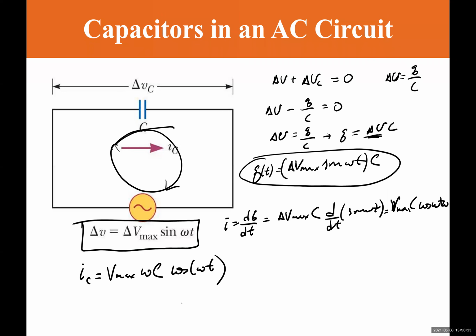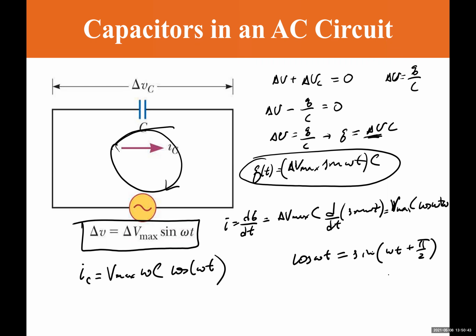So here, cosine omega t can be rewritten as sine of omega t plus pi over 2.